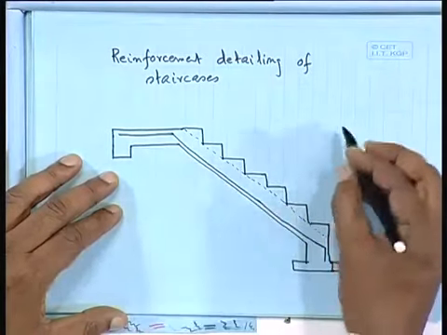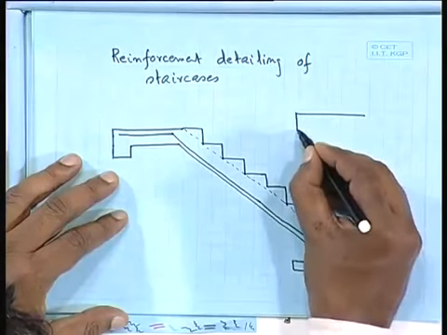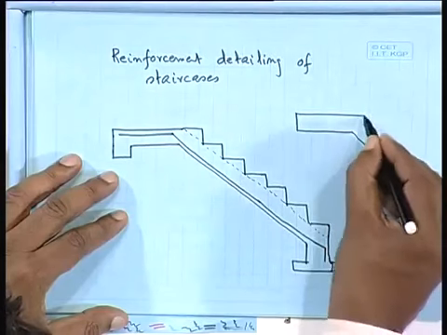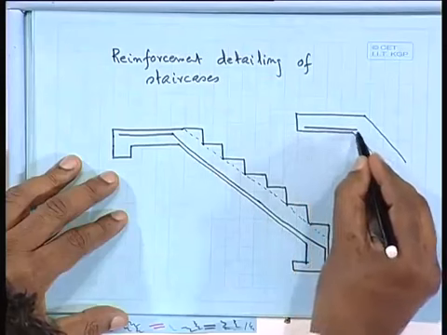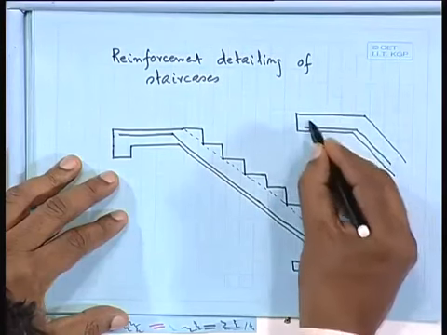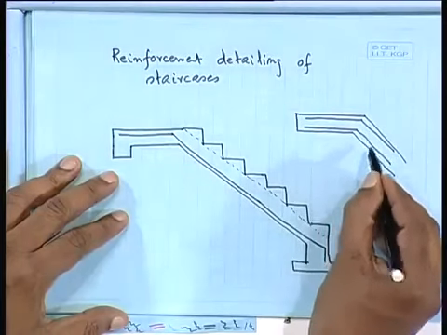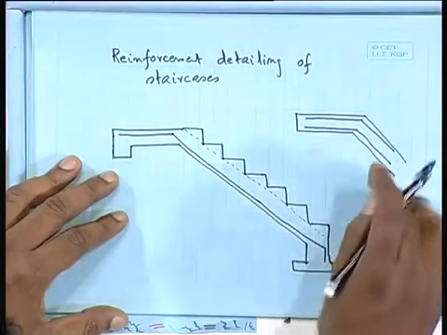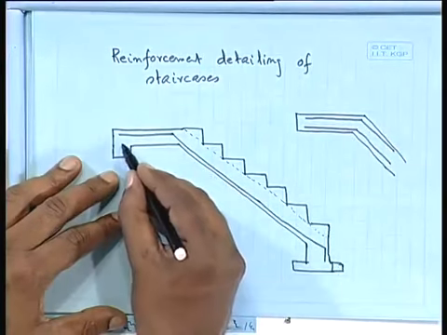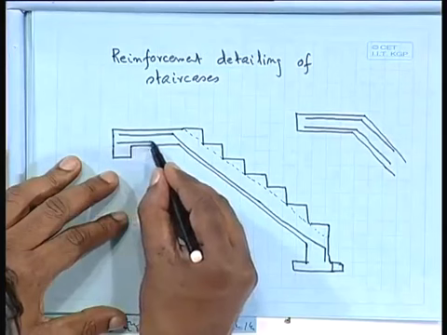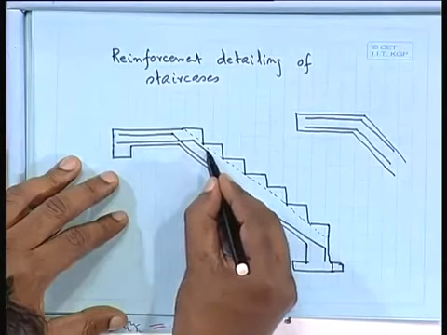What we are doing, we are not doing like this. So that means if a section is like this, we do not provide the reinforcement in this way, neither this way. Not so simple. What we do is simply go up and provide the reinforcement, and the bottom reinforcement also will go further and come here.